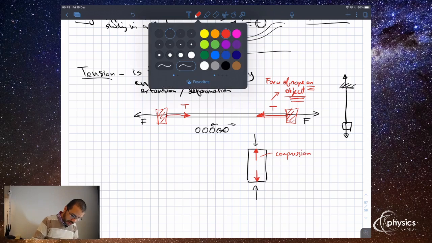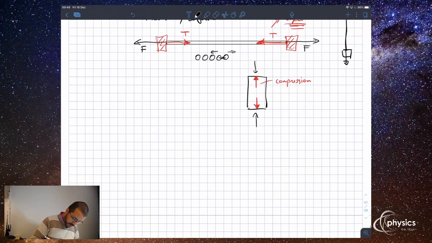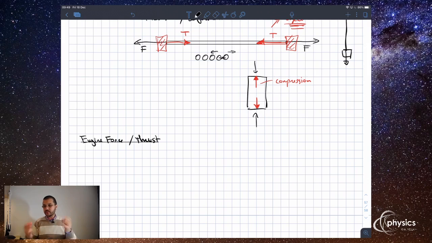The last force we will encounter is the engine force or engine thrust. Whenever we have an engine force or an engine thrust, it's the same thing.